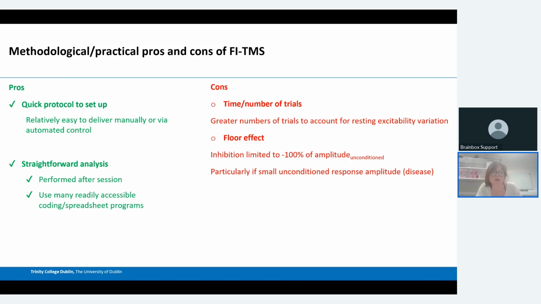In people with strong inhibition, what you're going to see in some cases is the average motor evoked potential you were getting with your test stimulus just disappears when you add in the conditioning stimulus, which means that you can certainly detect inhibition, but you are probably underestimating inhibition, because even if you, for example, give a drug that enhances more and more inhibition, you're not going to be able to make the MEP smaller than nothing. So you're going to end up with this floor effect. So you're probably going to underestimate inhibition.